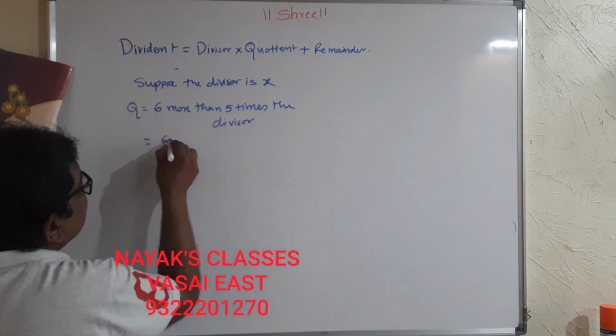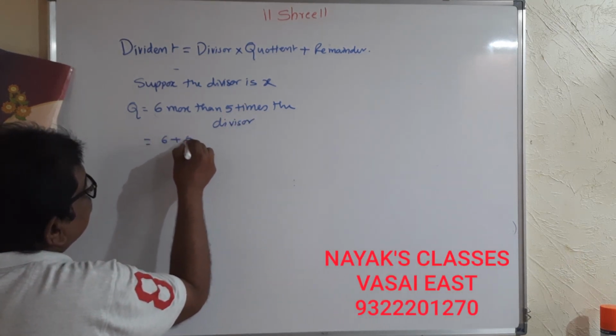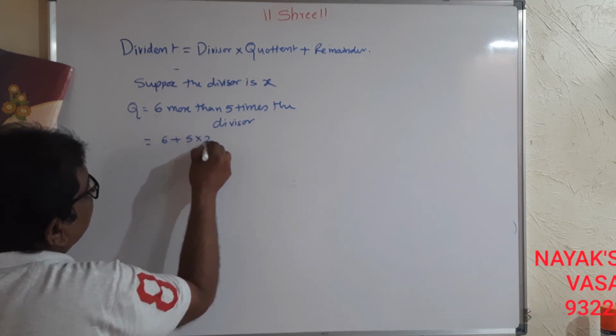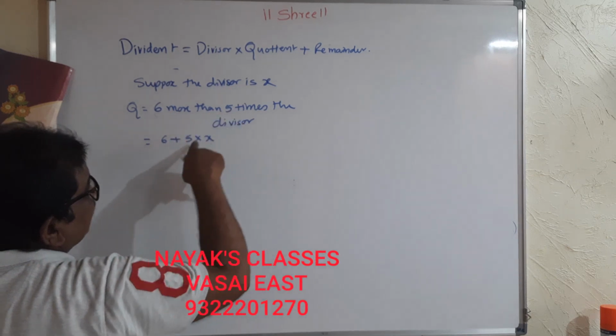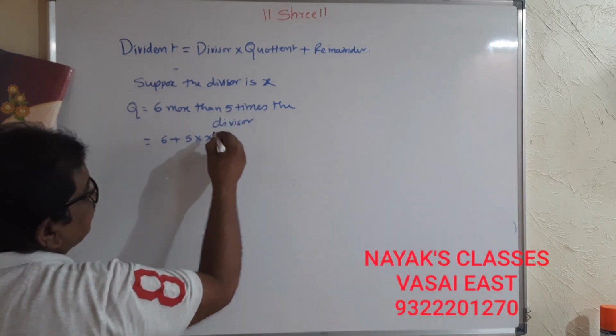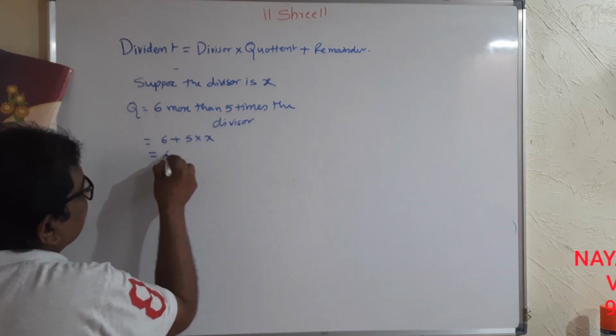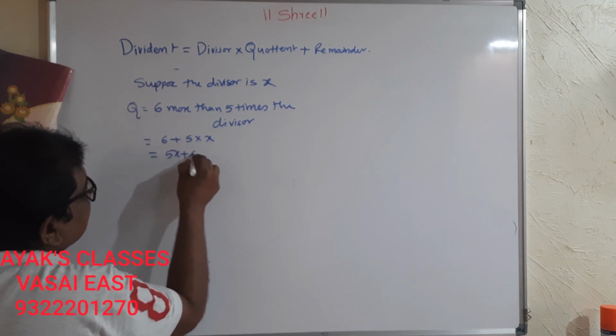So it will be 6 plus 5 into x, 6 more than 5 times the divisor. This can be written as 5x plus 6.